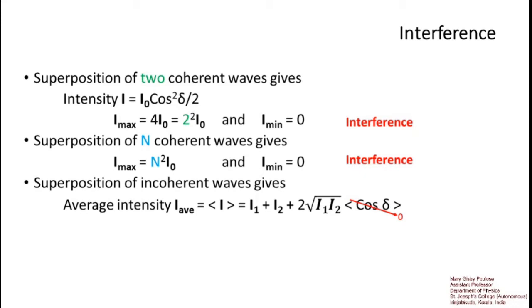Okay, since that term averages to 0, the third term will vanish. Hence, I average is equal to I1 plus I2. And this will just produce uniform illumination. So the superposition of incoherent waves just produces uniform illumination.